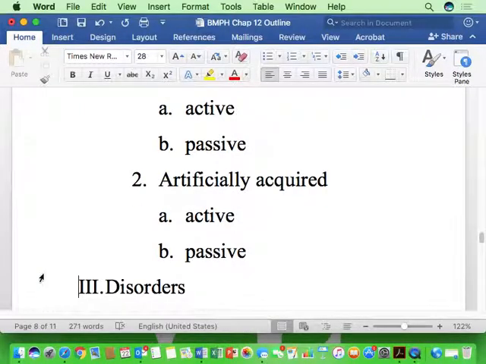All right. And that leads us to disorders.